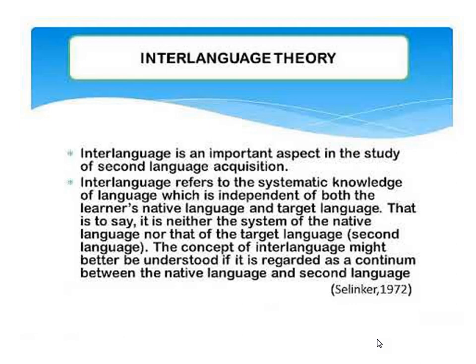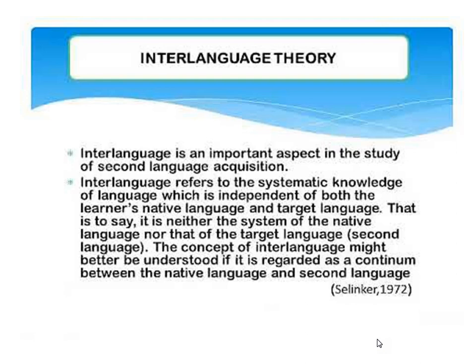According to Selinker, interlanguage is an important aspect in the study of second language acquisition. Interlanguage refers to the systematic knowledge of language which is independent of both the learner's native language and the target language. That is to say, it is neither the system of the native language, nor quite similar to the target language.